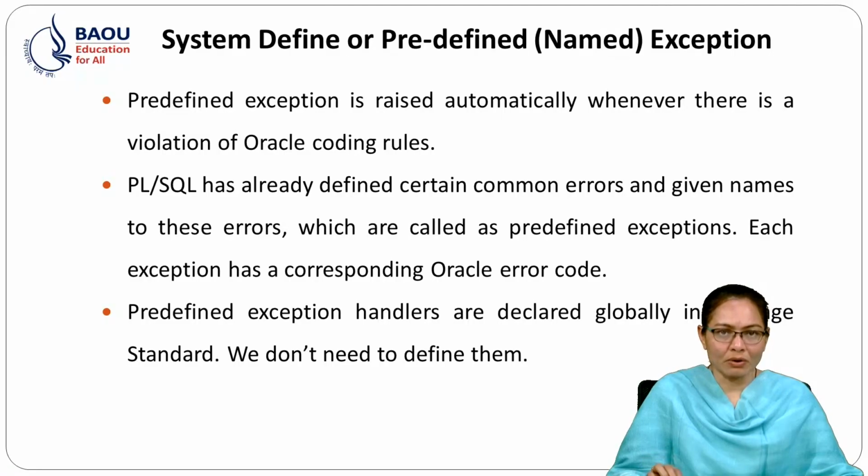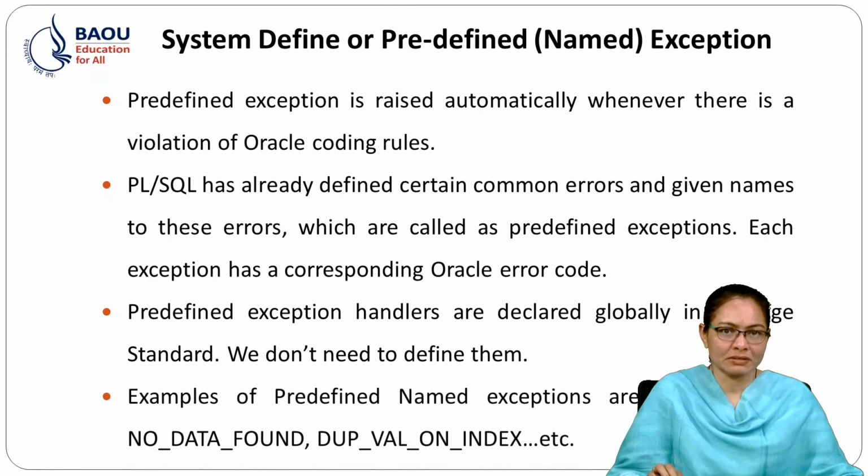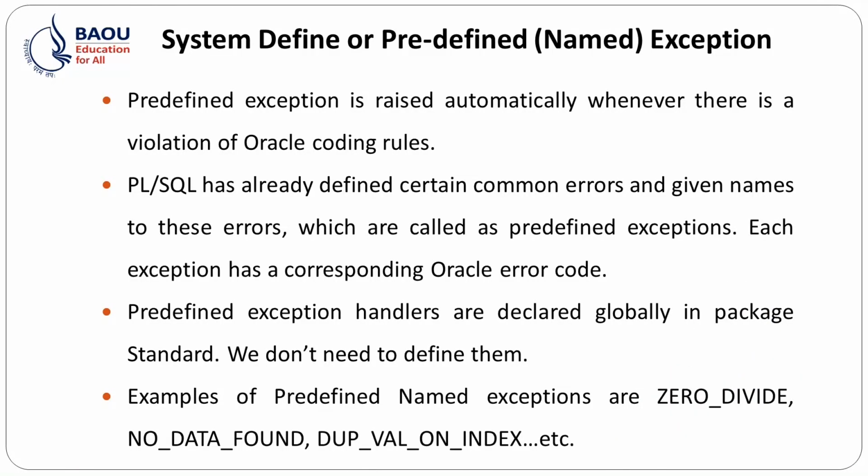Examples of predefined exceptions are ZERO_DIVIDE, NO_DATA_FOUND, DUP_VAL_ON_INDEX. These are all predefined exception names. It means Oracle has already named exceptions like ZERO_DIVIDE, NO_DATA_FOUND. These are all already stored in the system and will be generated when an abnormal condition occurs.